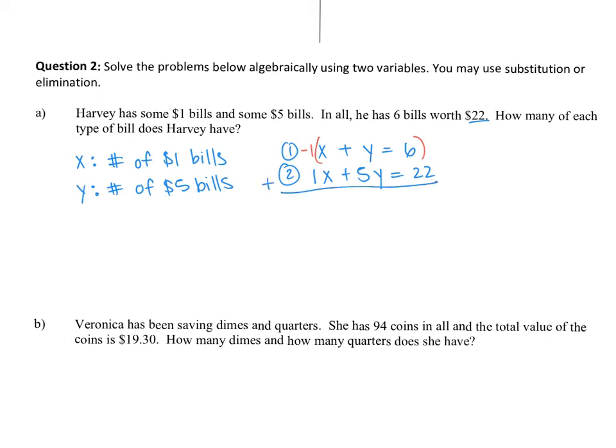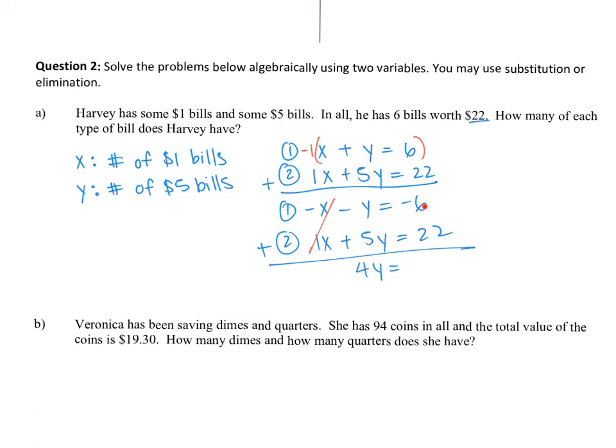If I do that, my first equation would end up being negative x minus y equals negative 6, and then the bottom would just stay the same. So it's just 1x plus 5y equals 22. If I add, then the x's cancel, and negative 1 plus 5 ends up being 4y equals negative 6 plus 22, which is 16.